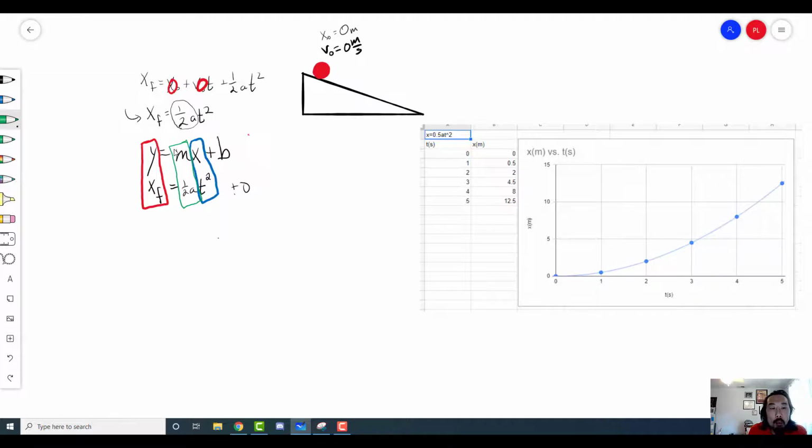But we can see here that this is not a straight line, and the reason for that is because our x-axis, this t right here, our data is not in the same format as this equation right here. That's because our time is just time and not time squared.